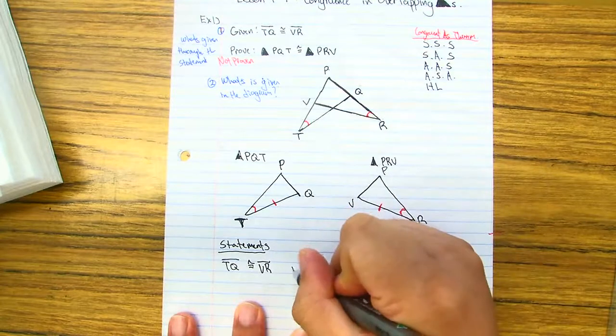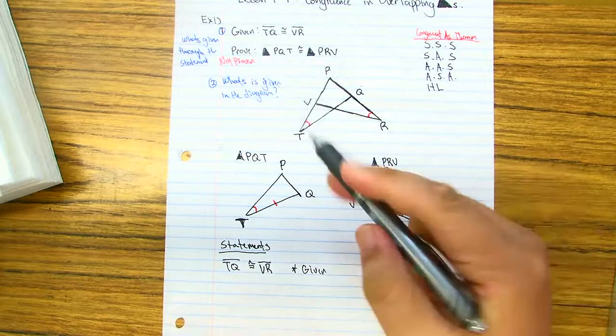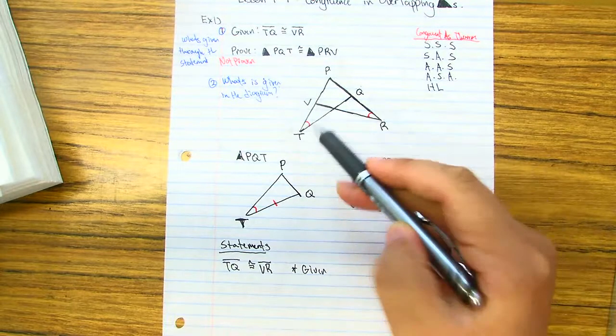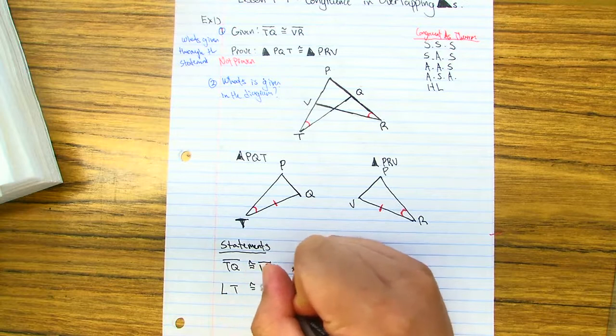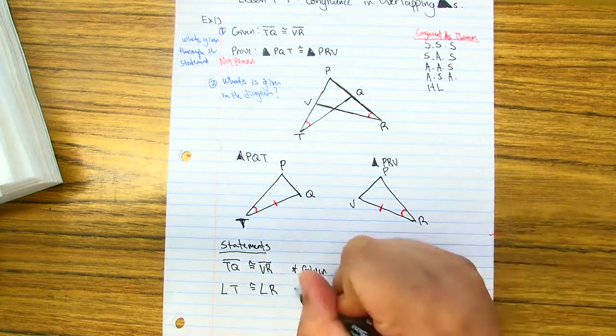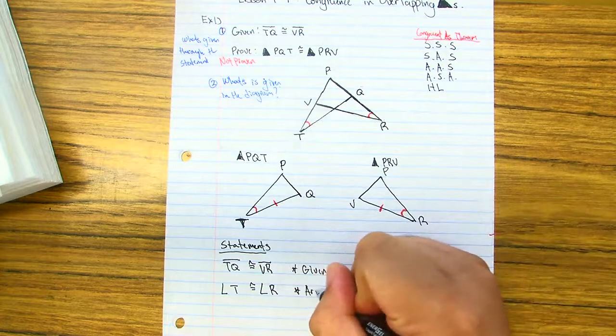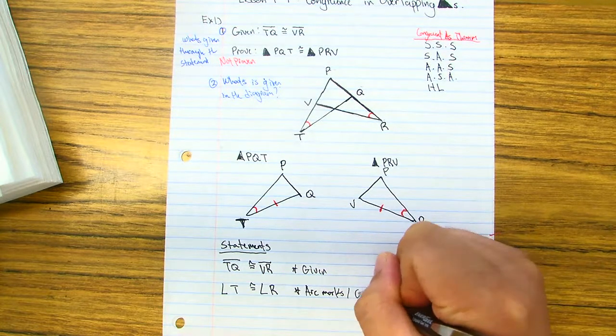How do we make that conclusion? Because it is given. Next one is what's given in the diagram. We said that angle T is congruent to angle R. How do we know that? It is the arc marks, or it is given by the diagram.